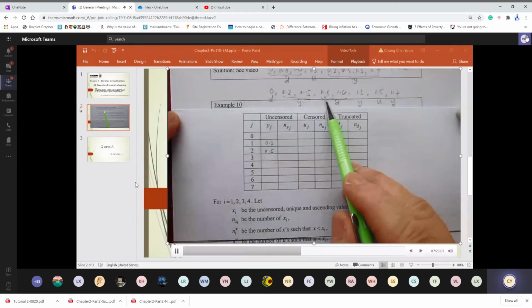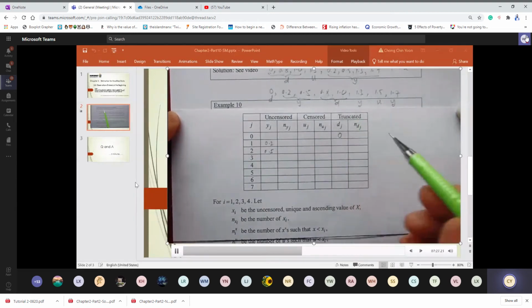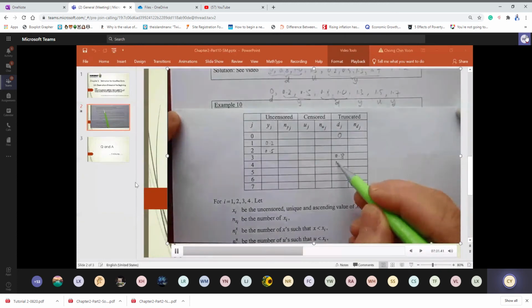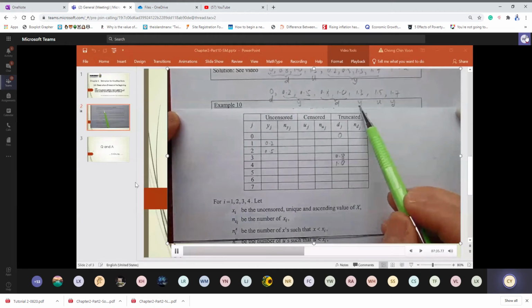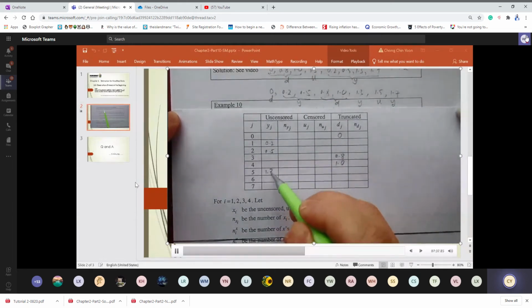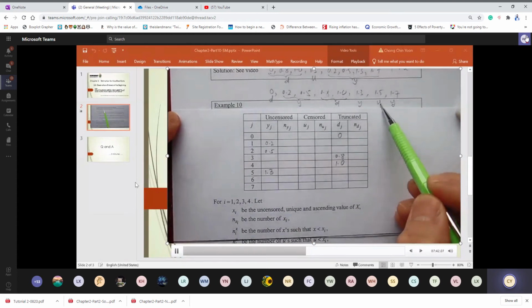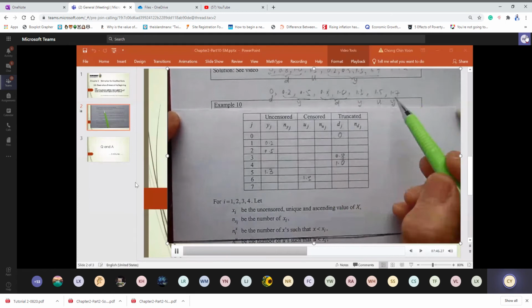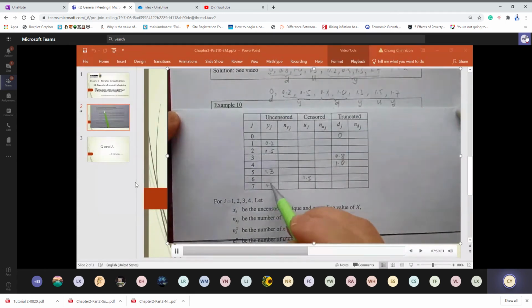The next values will be 0.8 and 1.0, which are for d again. And next will be y again, that is 1.3. Next will be 1.5, that is u here. And the last one will be 1.7, which belongs to y.